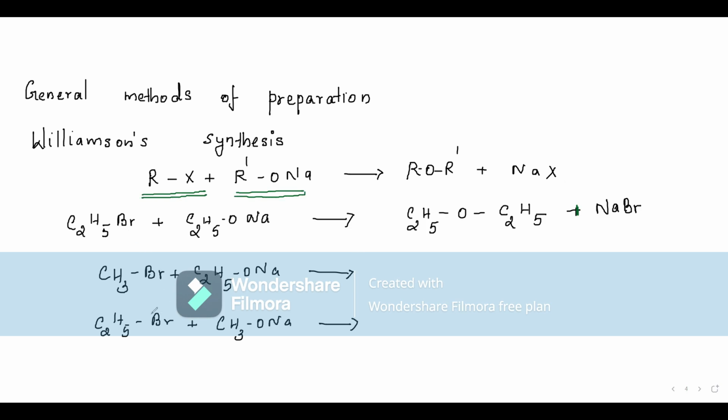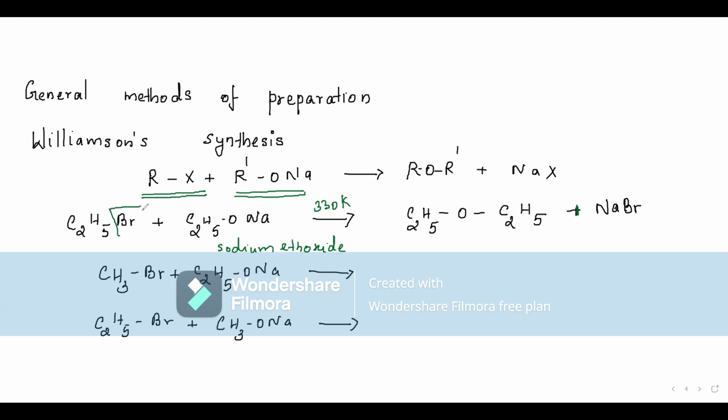Now, there are certain examples I have written here. First one, ethyl bromide and sodium ethoxide. Slight heating may be required, say around 330 Kelvin, not beyond that, and the reaction takes place.